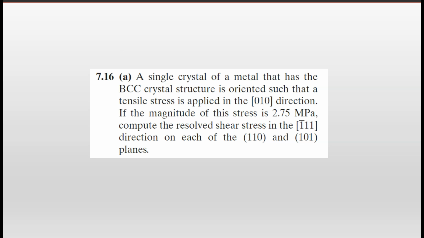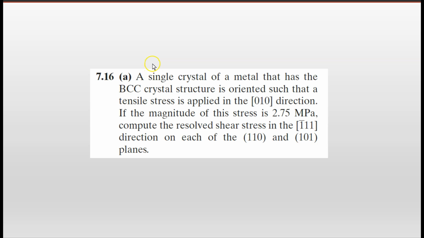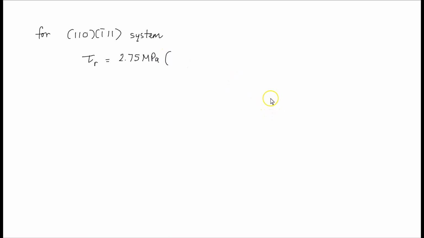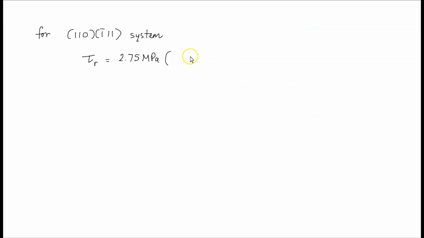Sigma was 2.75 megapascals, the applied stress. Okay, that's the sigma in this equation. Then the cosine of lambda is 1 over root 3, and the cosine of phi is 1 over root 2.